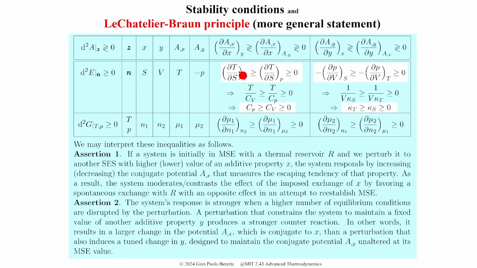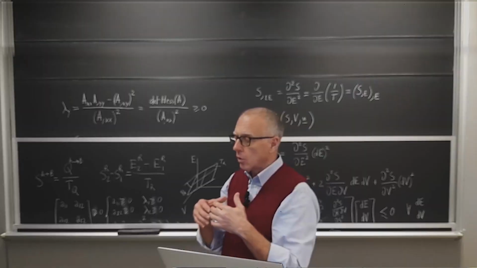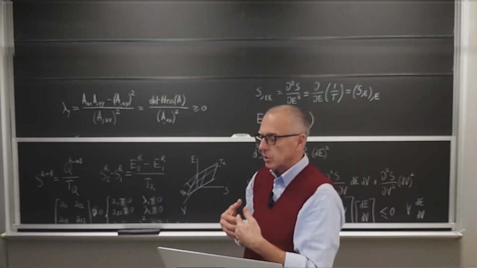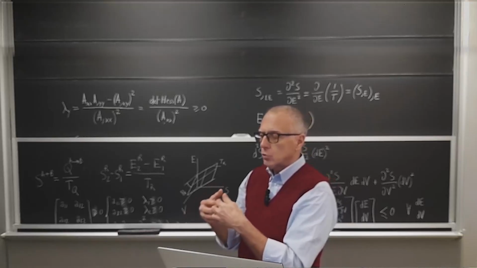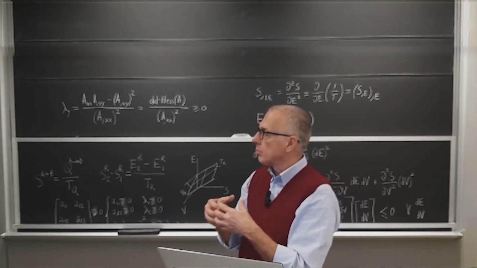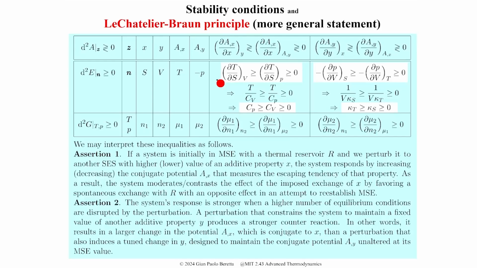So the idea is that the interpretation of these derivatives being positive is that the system reacts, if you move it away from the mutual equilibrium state of the environment. You add some entropy, for example, it will increase its temperature, so as to increase its tendency to return energy, to contrast your change by giving energy away to your environment.